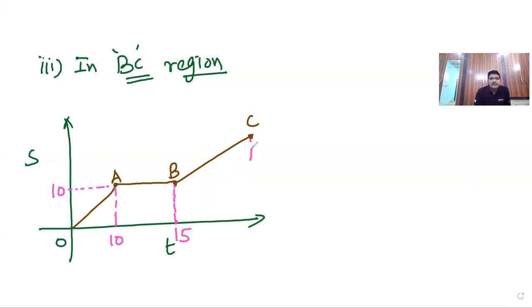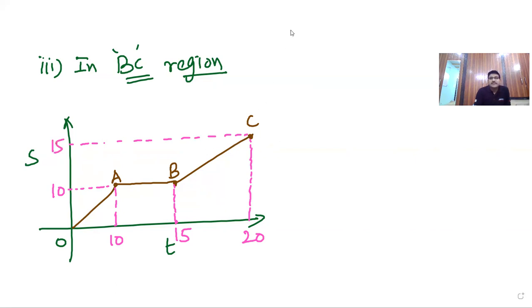For C, x is given as 20 seconds and y is given as 15 meters.